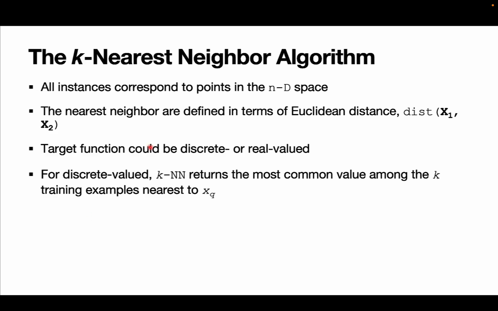And as we mentioned, the data points are n-dimensional. We use a form of distance function, and depending on whether it's a classification or a prediction, we can have a class label or a value that represents the prediction.